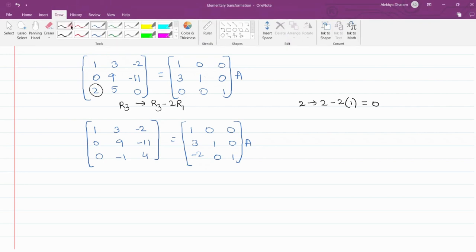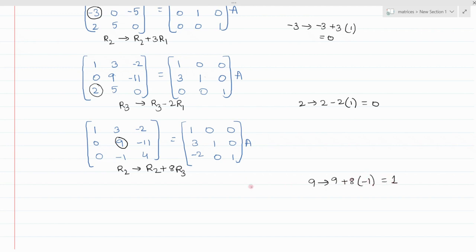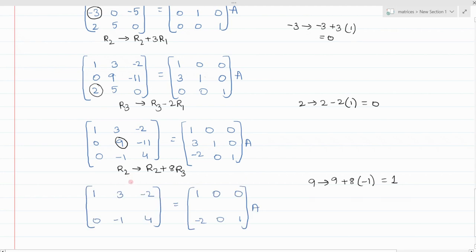Now our next step is to convert this element to 1. So how to do this? Row 2 changes as row 2 plus 8 times row 3, because when we do this, the 9 is converted to 9 plus 8 times minus 1, it becomes 1. Row 1 and row 3 elements remain as they are.